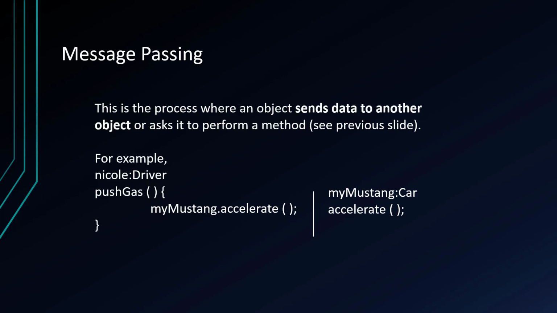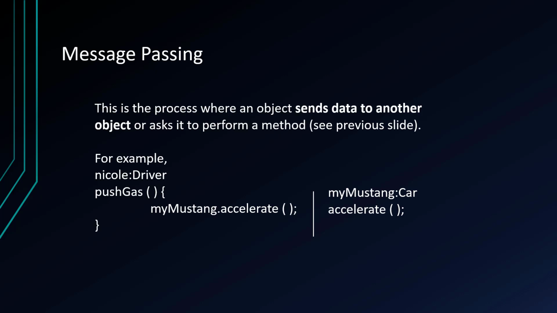There's also a concept in object-oriented programming called message passing. This is a process where an object sends data to another object or asks that object to perform a method. So for example, if I have a driver object called Nicole, and Nicole is an instance of the class driver, I can have the driver push gas and the Mustang will accelerate.